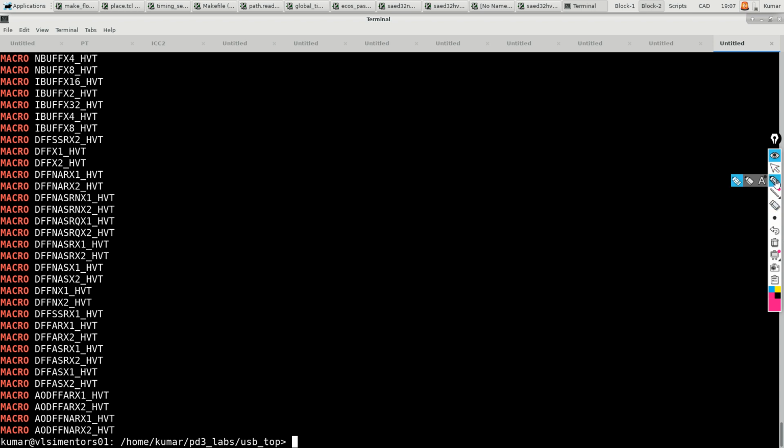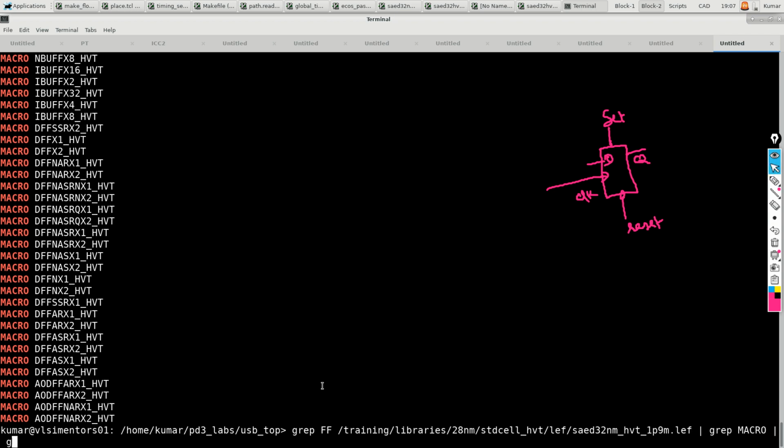In the registers, there will be a set and reset. You see you have a set and a reset, and this is your clock, and Q and D, and all these things.